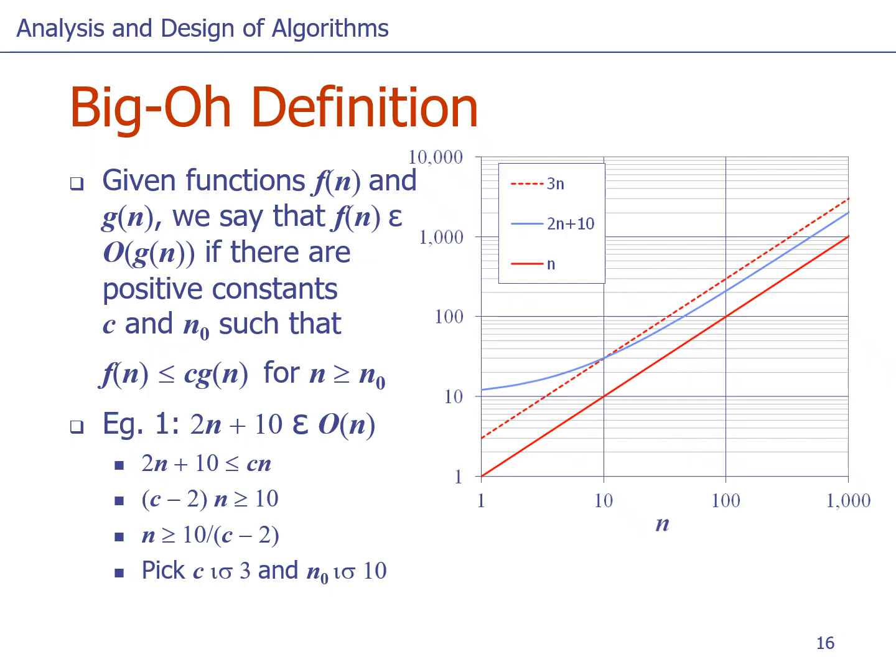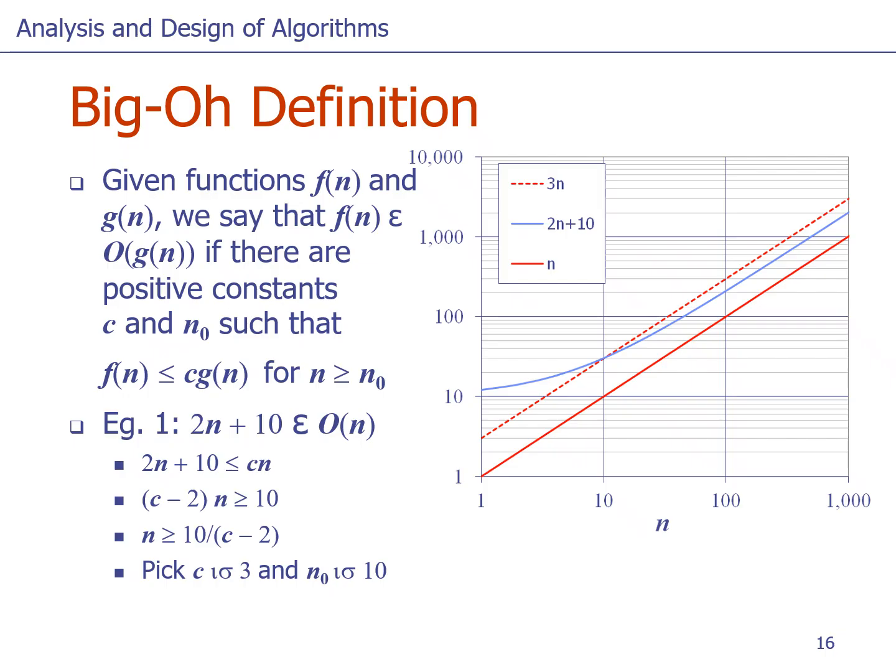Okay? So going back to the example at the bottom, how do we do it in a more systematic way? We will see a number of techniques to do that. Basically, if I would like to prove that 2n plus 10 is in O of n, what this really amounts to is proving that 2n plus 10 is less than or equal to some constant c multiplied by n. That's what the definition is giving me. And then the rest is straightforward mathematical manipulation.